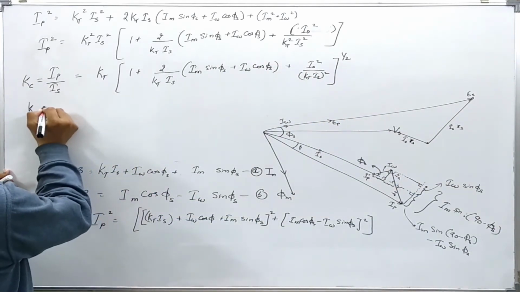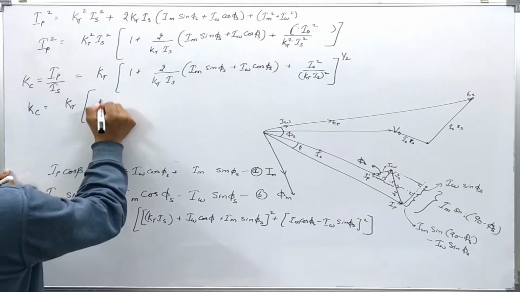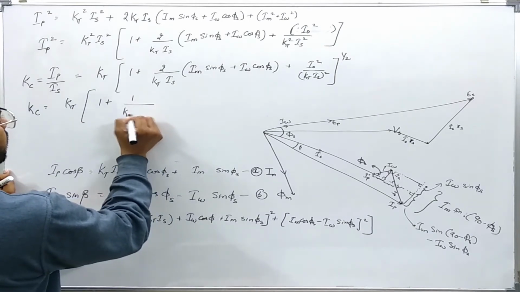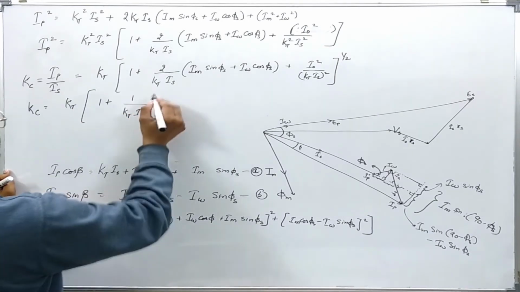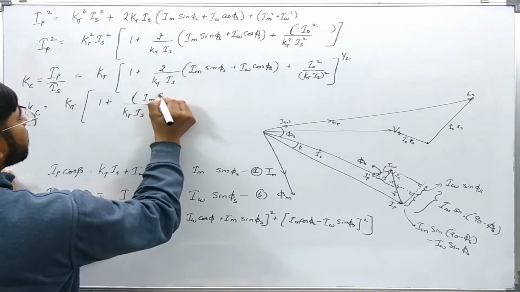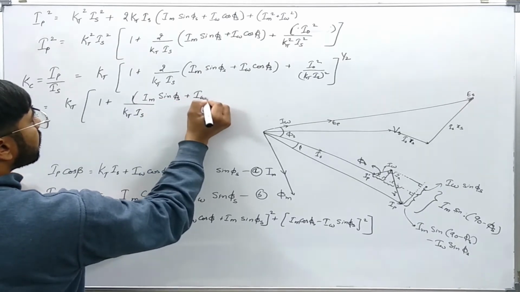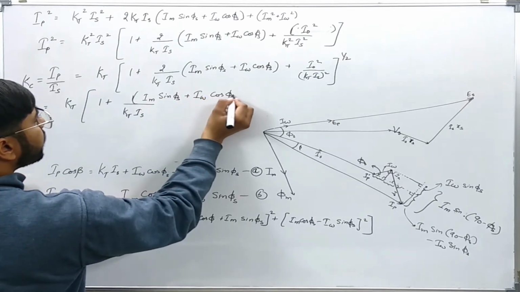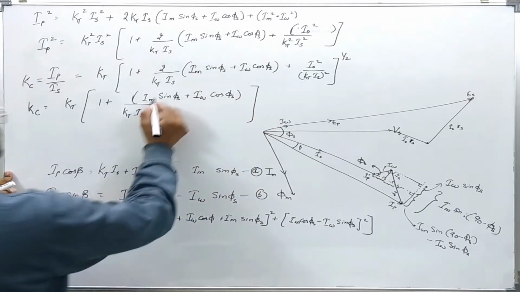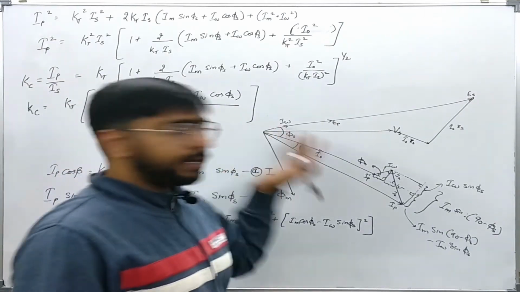So Kc is equal to KT times 1 plus, over KT IS, Im sin phi s plus IW cos phi s. Now this is the expression which I have got here.